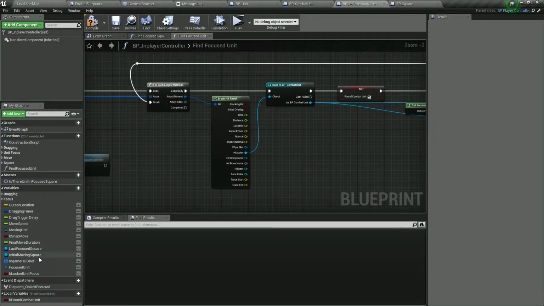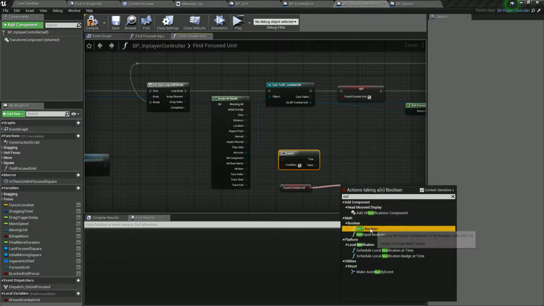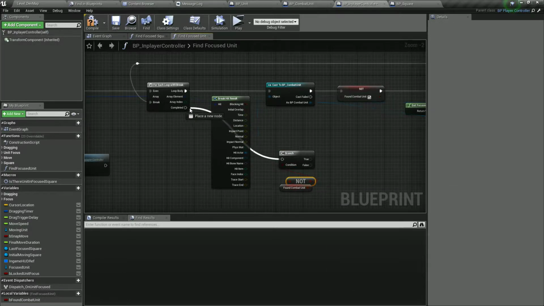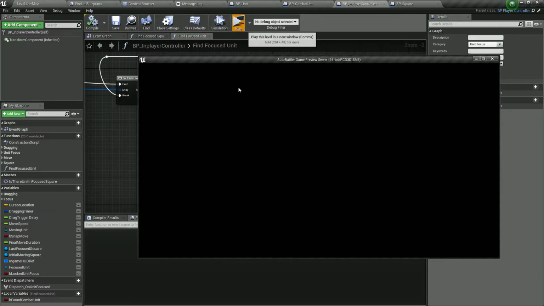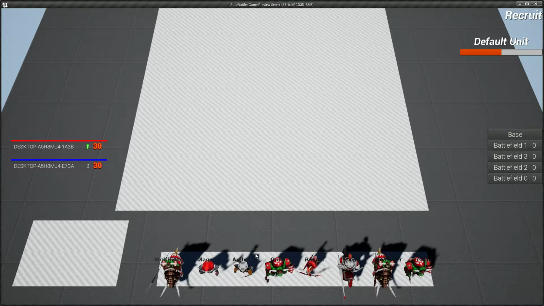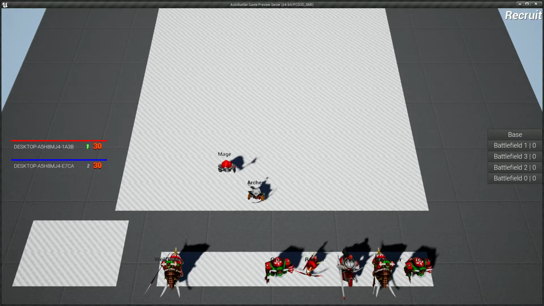And if we did not find a combat unit, we're going to unfocus like this. So yep, we have.